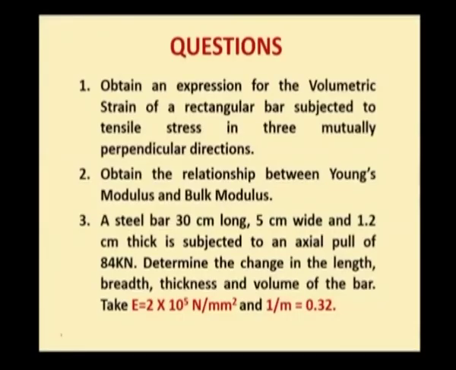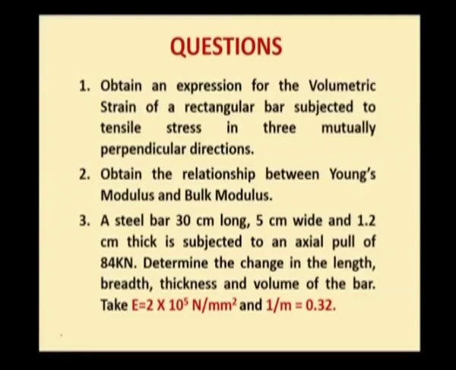Students can try to answer the following questions. Obtain an expression for the volumetric strain of a rectangular bar subjected to tensile stress along 3 mutually perpendicular directions. Obtain the relationship between Young's modulus and bulk modulus. The final question is a problem.